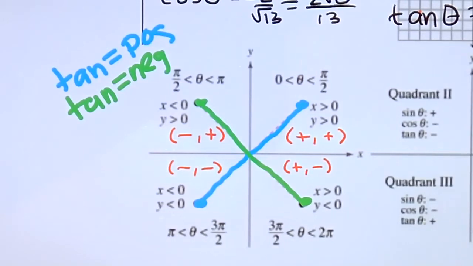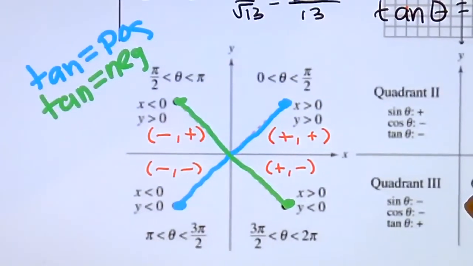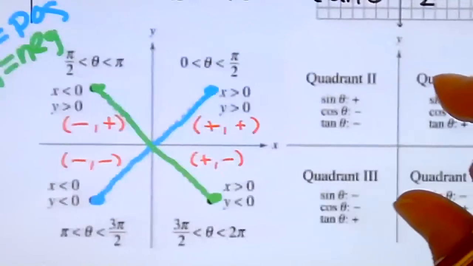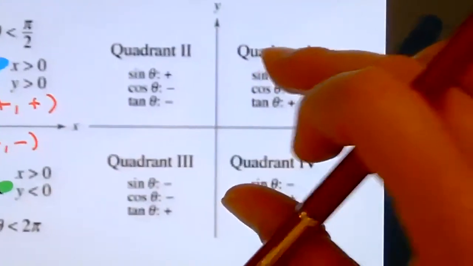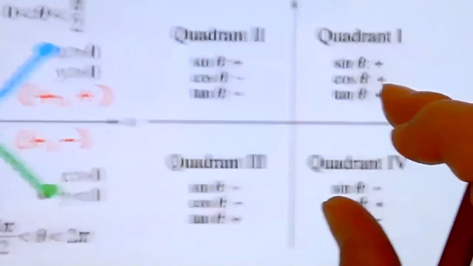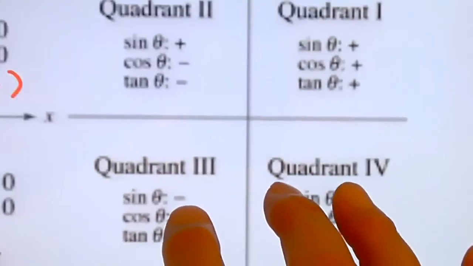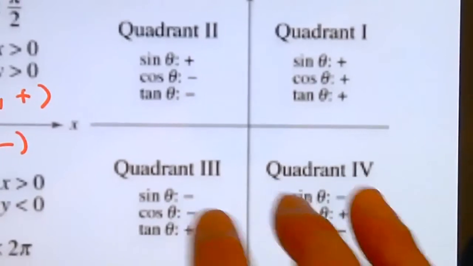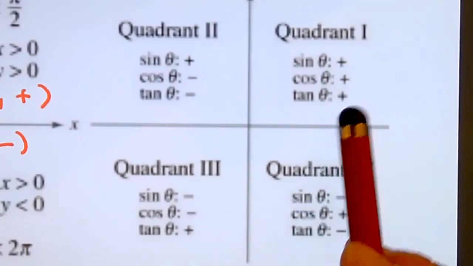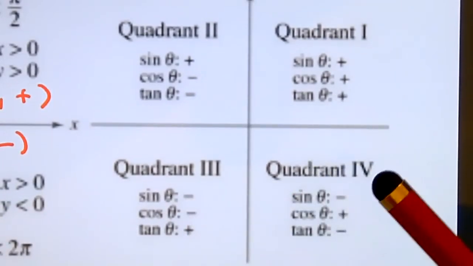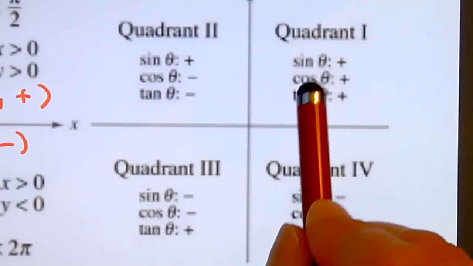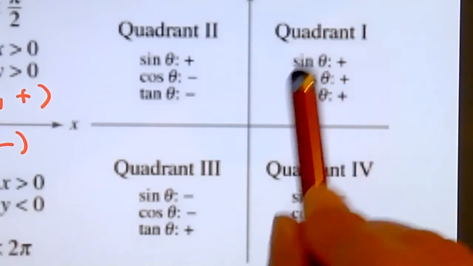Now over here, this is just really saying more of the same thing. So even if it's not a unit circle and it's not the actual x and y that are your sine and cosine, remember your hypotenuse is always going to be positive. So here it's showing you that your sine, cosine, and tangent are all positive in quadrant 1.